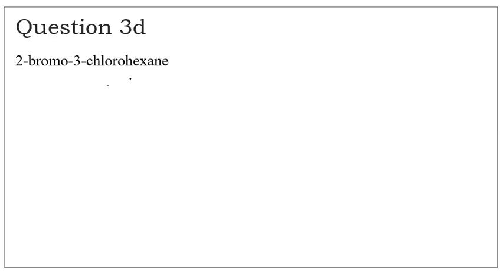Well, hex is the longest carbon chain. This is hex, so we're going to have 6. 1, 2, 3, 4, 5, 6. The trick that I found is if you leave a lot of space between the carbons, it makes it less messy when you draw it.